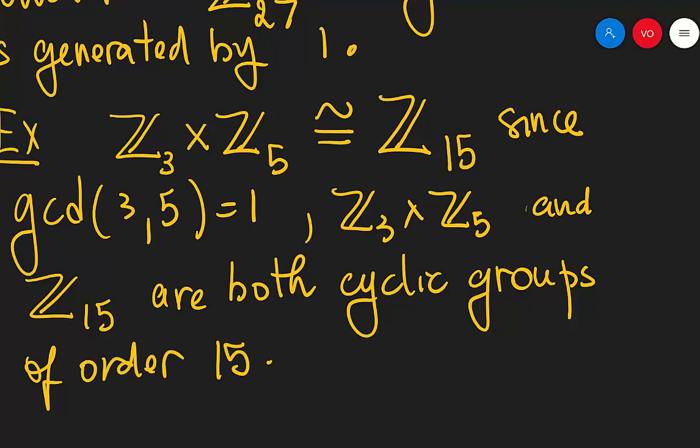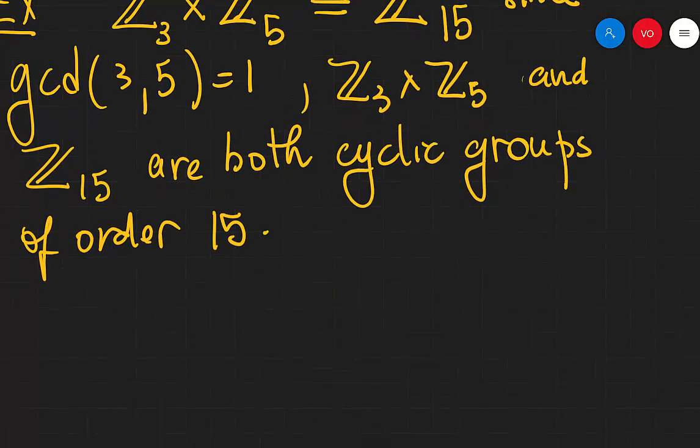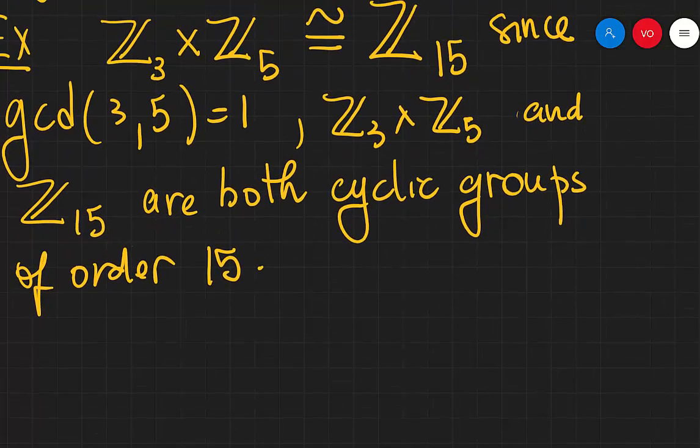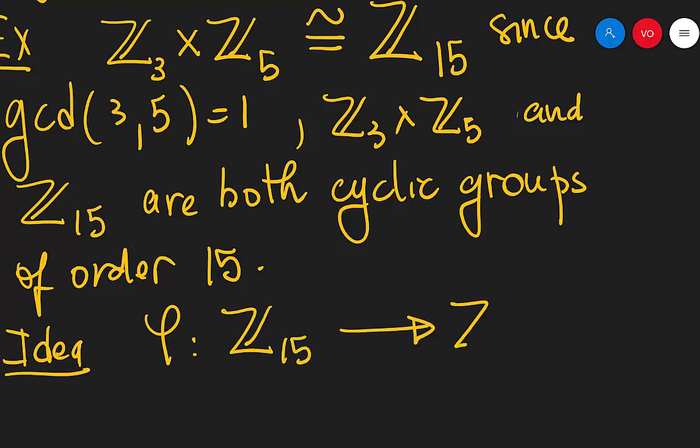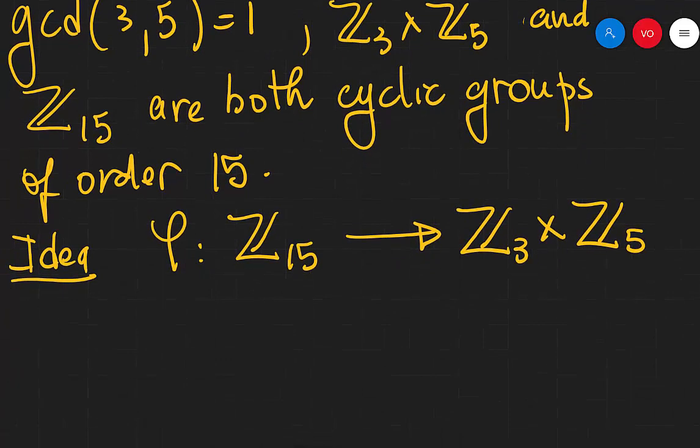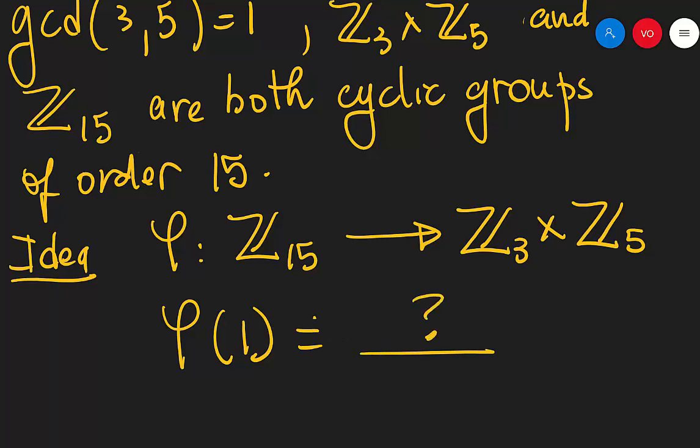And one way to actually construct an isomorphism, and I'll leave this as homework. So the idea here is to construct a homomorphism: you define a map between Z15 and Z3 cross Z5, which will send a generator to another generator. So try to find what you would send. The generator of Z15 is 1. What would you send phi of 1 to?